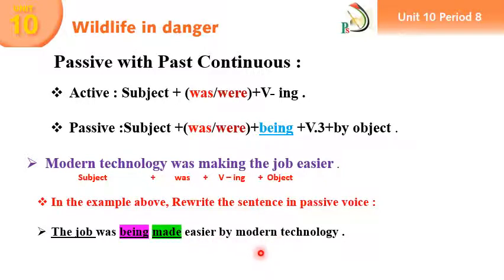Easier by modern technology. Now, if I want to negate this sentence, I will only add the word not. Where shall I add the word not? Try to answer.